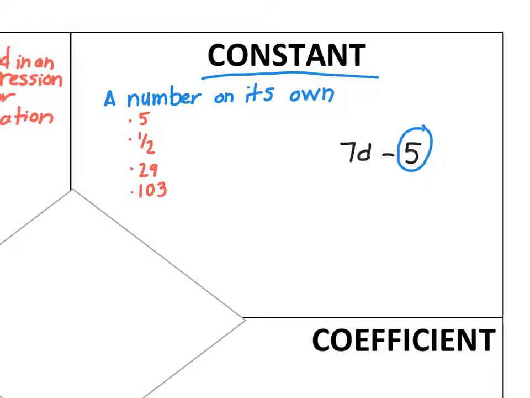If maybe you have an equation such as 5 over x equals 10, in this case, we have two constants. We have a constant here and a constant here. So anytime a number is on its own in an expression or an equation, it can be labeled a constant.